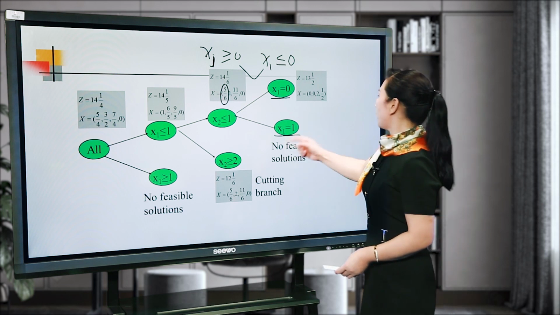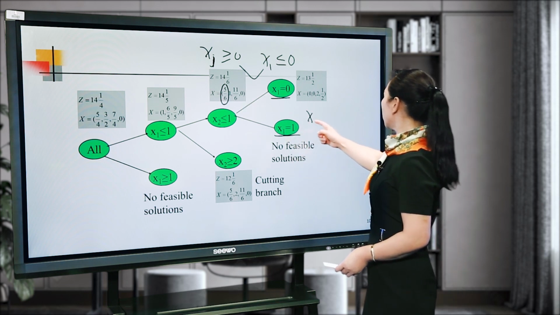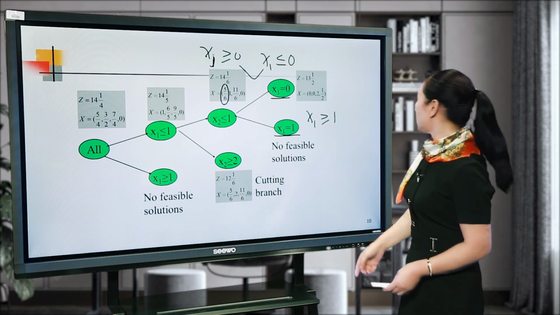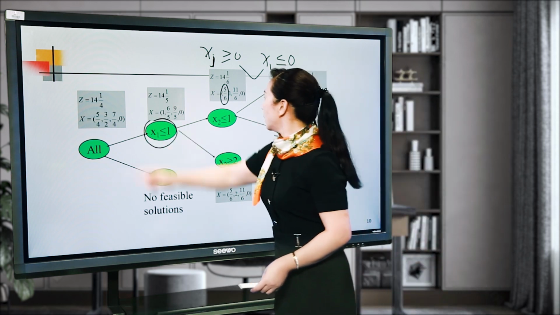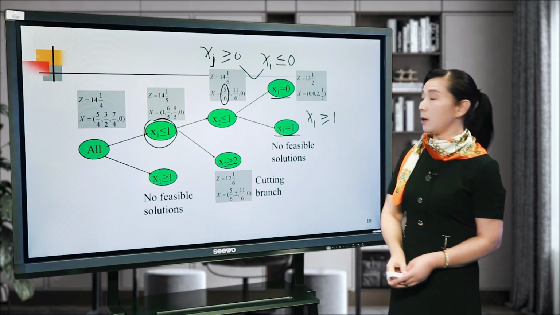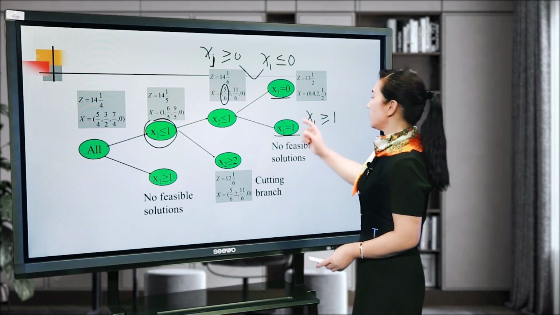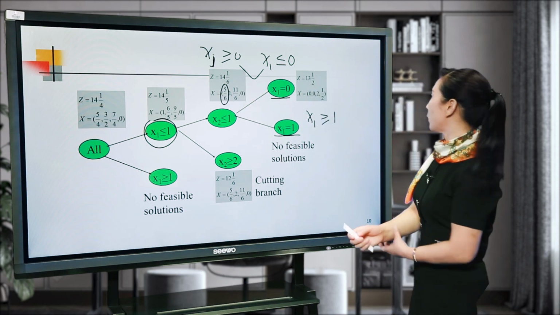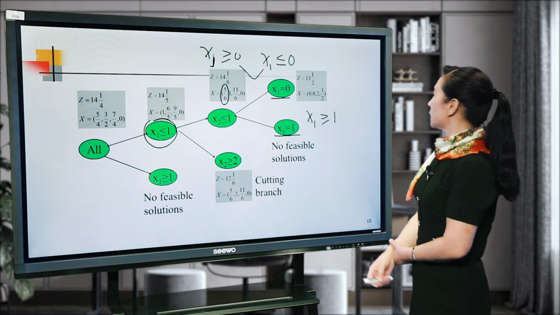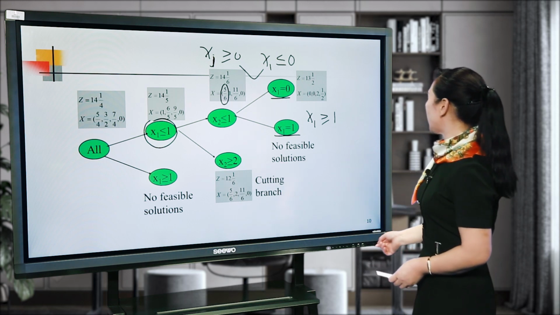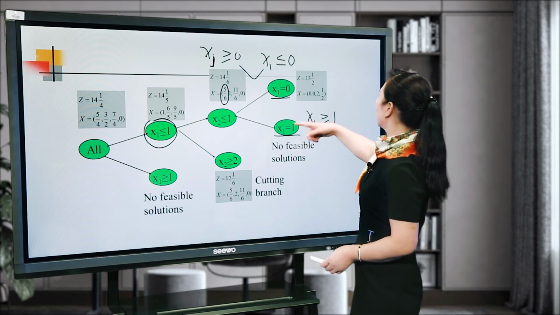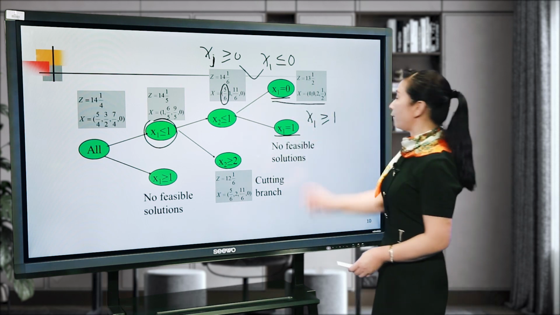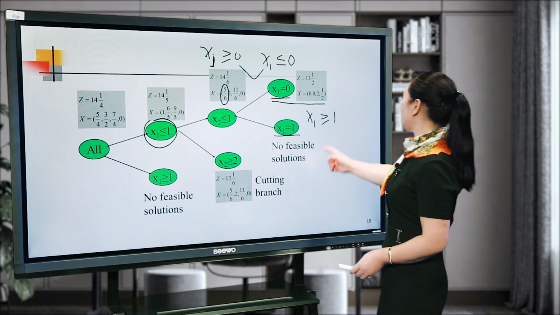And this branch is x1 greater than or equal to 1, but the other constraint is x1 less than or equal to 1. So we get x1 equal to 1. So this is the branch dividing. For these subproblems, we get the optimal solution. This is the optimal solution. And in these programs, there is no feasible solution, so we cut this branch.